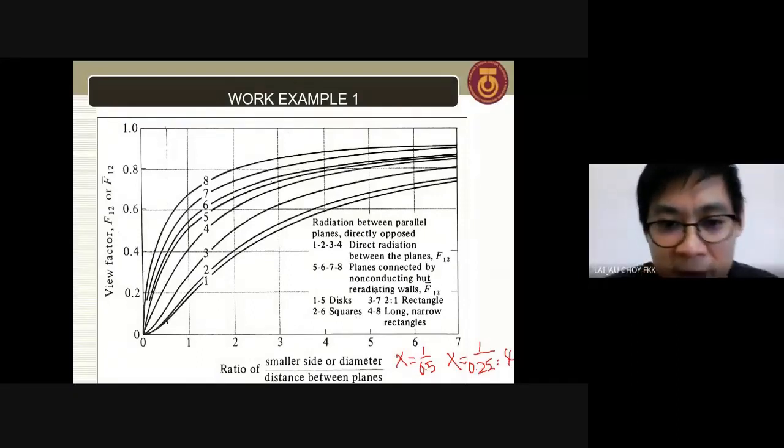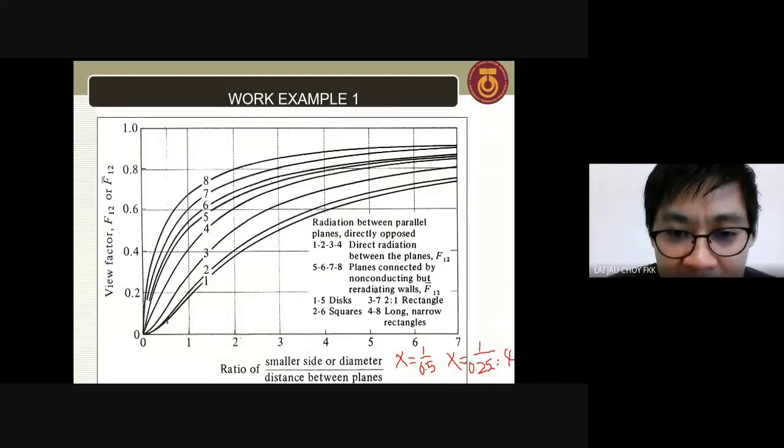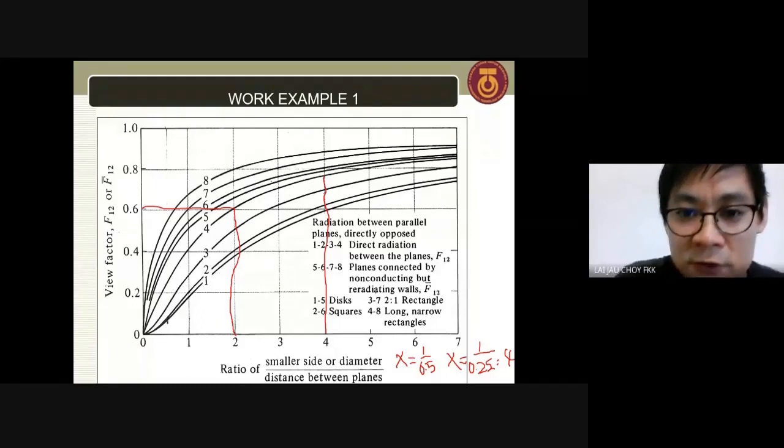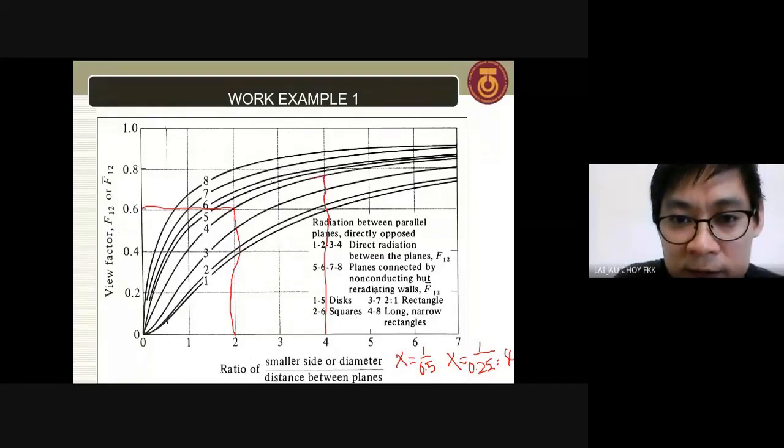So instead of this original curve for 0.61, now it has been changed to curve number 4.